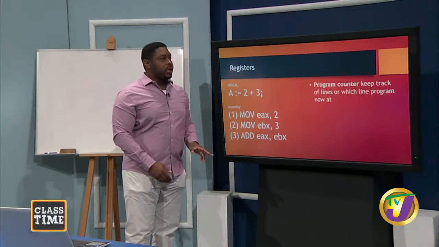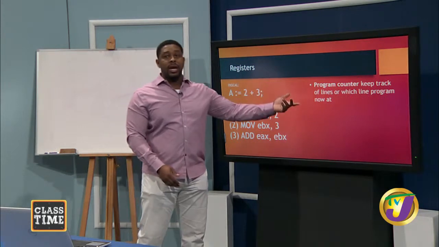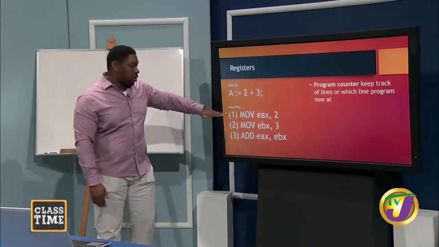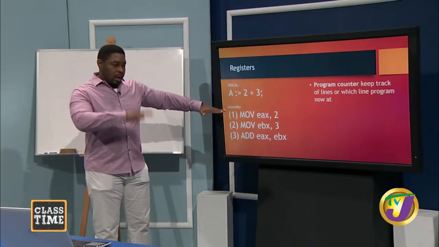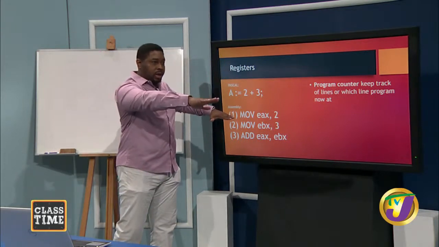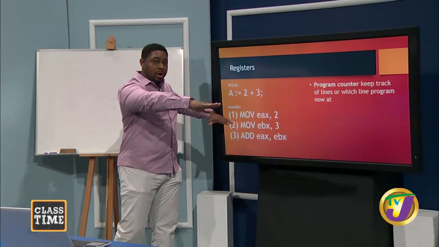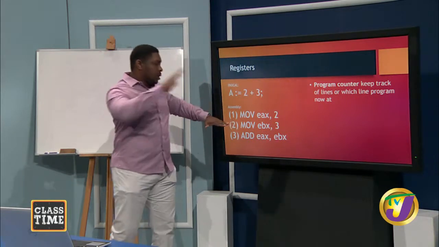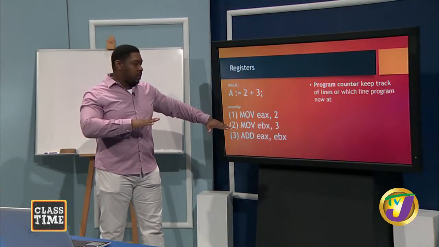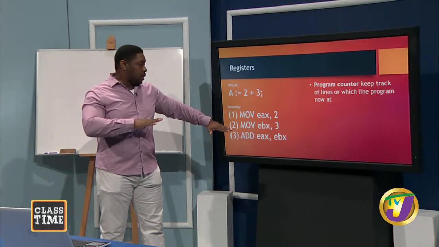So what will happen with your registers? Your program counter might keep track of the lines. So for each instruction, your program counter is saying, okay, we're at this line, this is what is being worked on. As soon as another instruction is ready and your CPU or your control unit has fetched it, it moves on to this particular line.